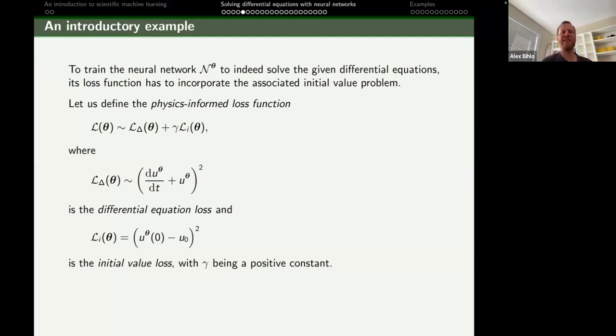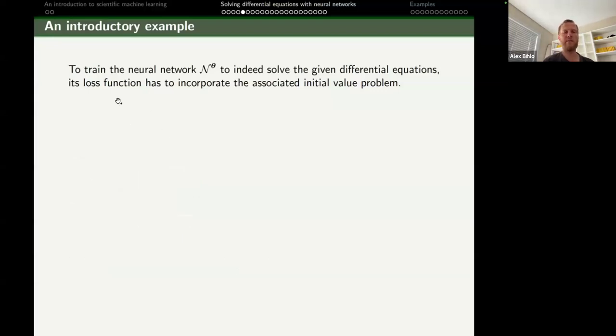The further difference is how you get the neural network to train, and for this you use optimization-based approaches. The goal is to use your ansatz, the differential equation and your initial condition, and design a loss function which incorporates them both.